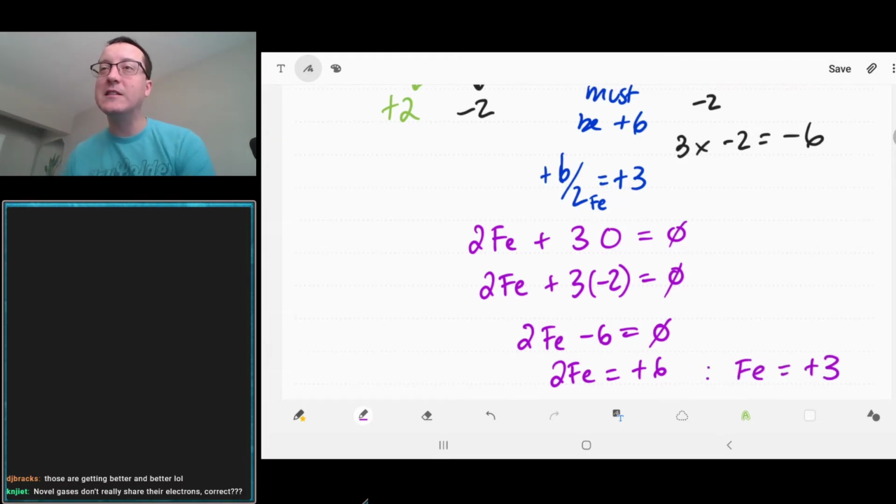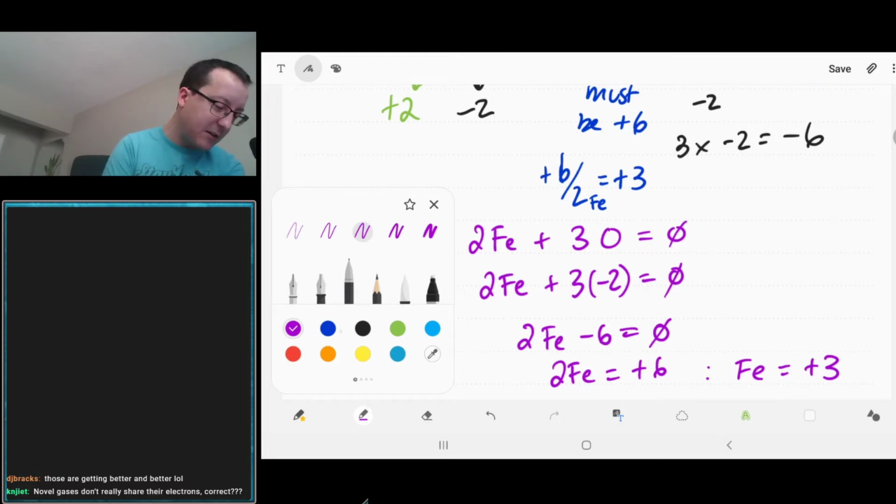And so we can use these chemical formulas to figure out what the charges are of variable charged elements. Just using some algebra, because these guys have to cancel out, we can do that.